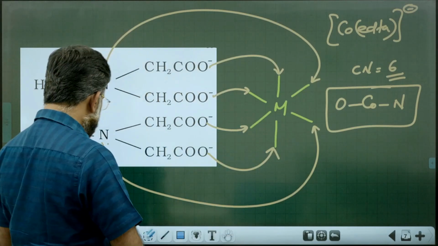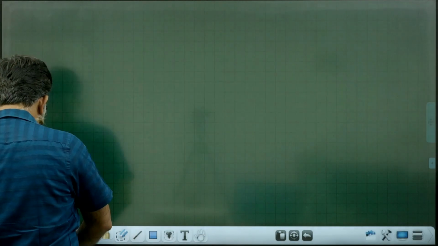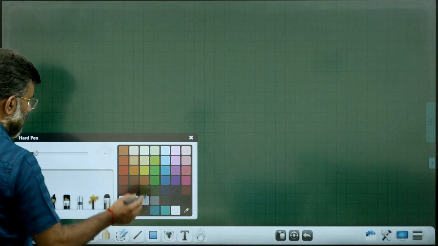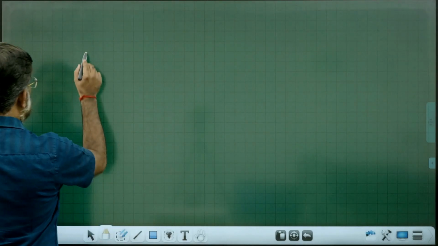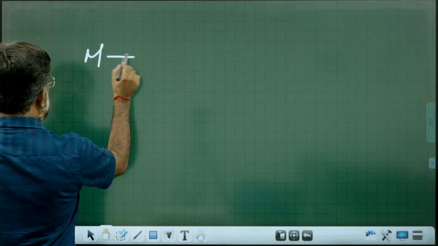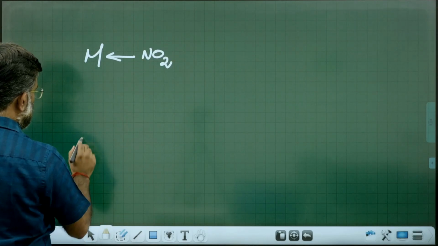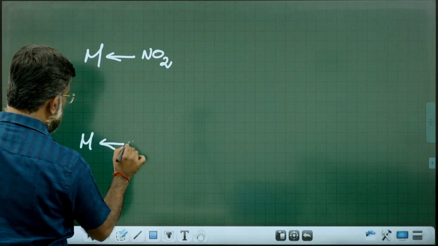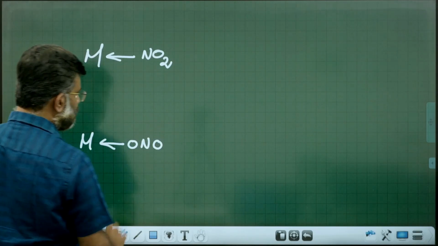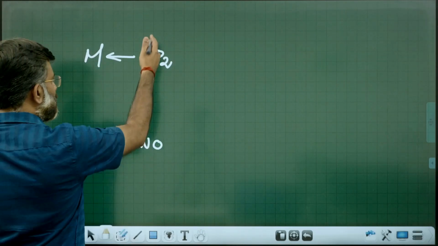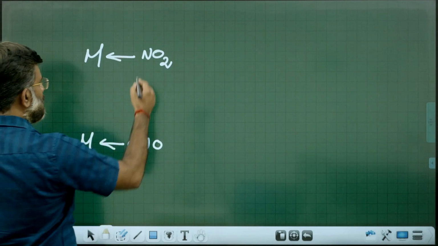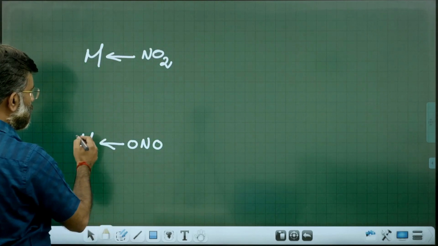What is ambidentate? Hope you remember ambidentate. If we are talking about a metal atom connected with an NO2 ligand, it can be connected like this, or it may be connected like this. Both are the same NO2. In one case nitrogen is connecting, here oxygen is connecting.